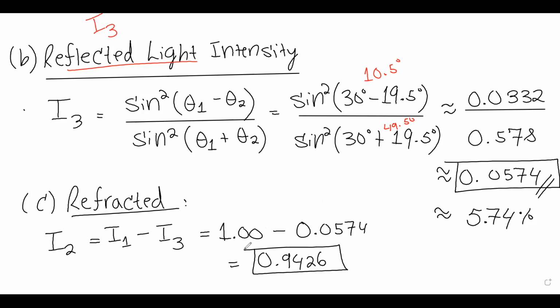Again, multiply the decimal by 100 to express it as a percentage. This is about 94.26, or you could say 94.3%. Perfect. Now let's just check our calculations.